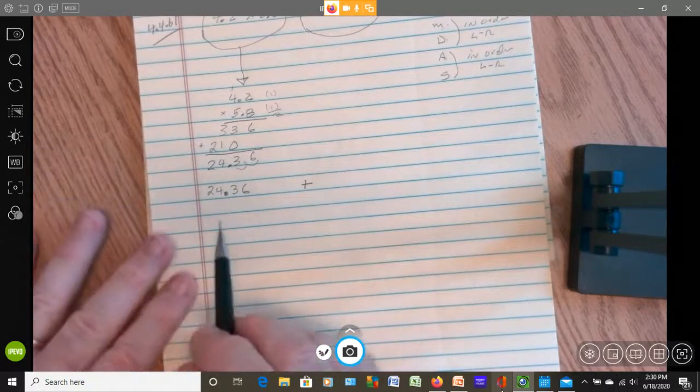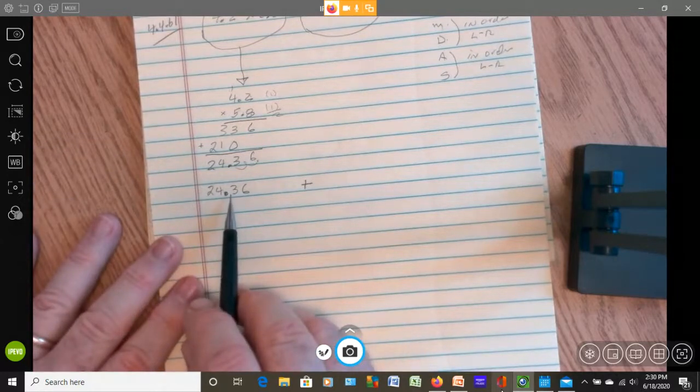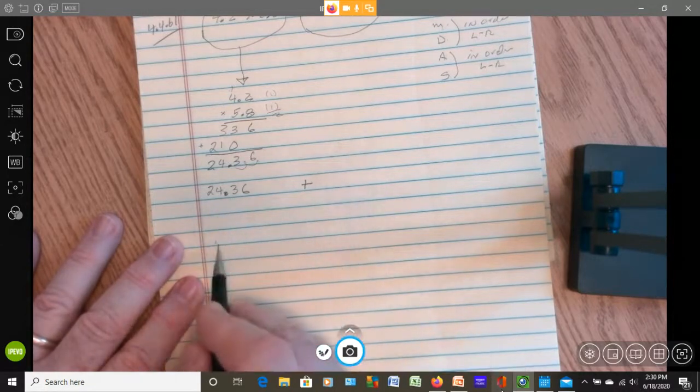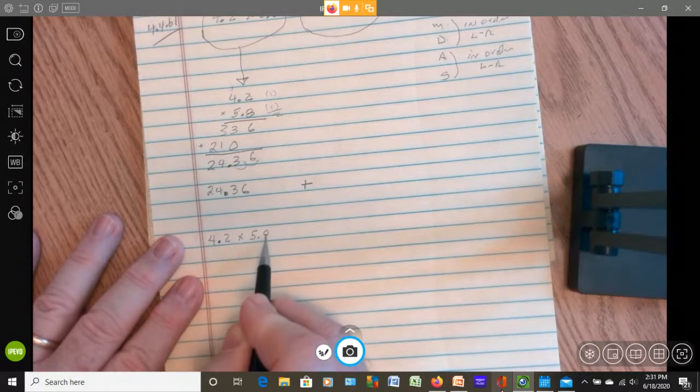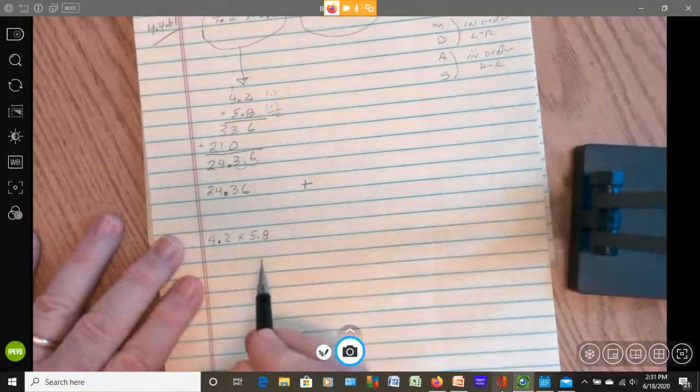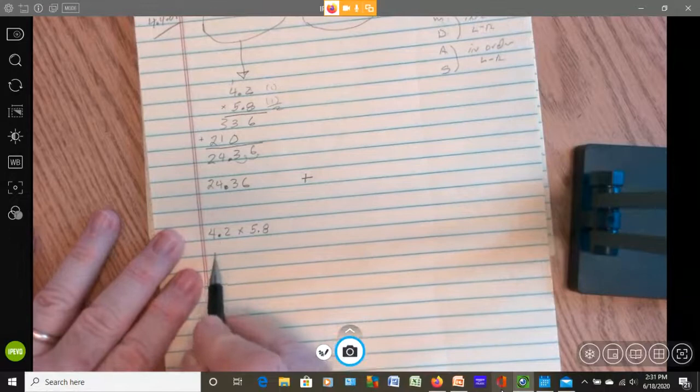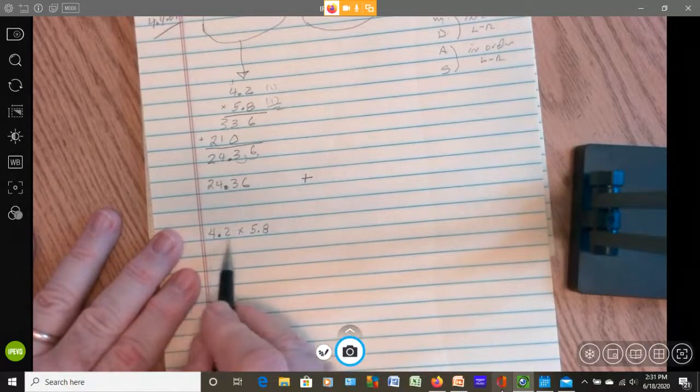Bear with me. And you're saying, how do you know that's right? How do you know that decimal point winds up there? Okay. Well, you tell me if this bothers you too much. I'm going to rewrite this as 4.2 multiplied times 5.8. Okay. Now, don't panic, because now I'm going to write it this way.